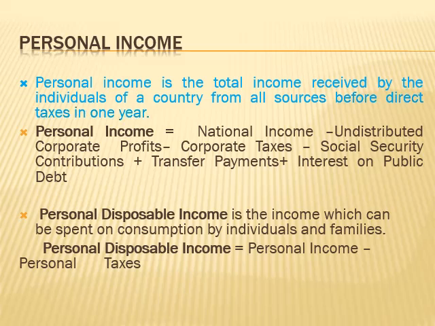The long equation of personal income states: national income minus undistributed corporate profit minus corporate taxes minus social security contribution plus transfer payments plus interest on public debt.